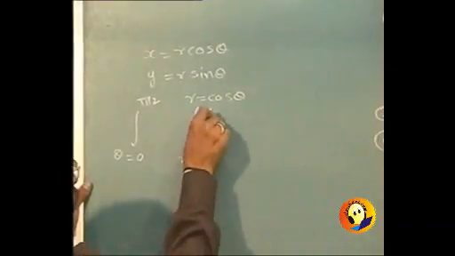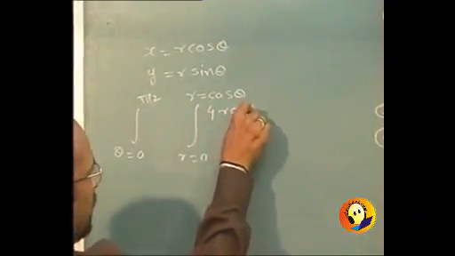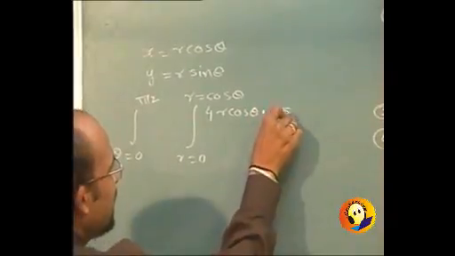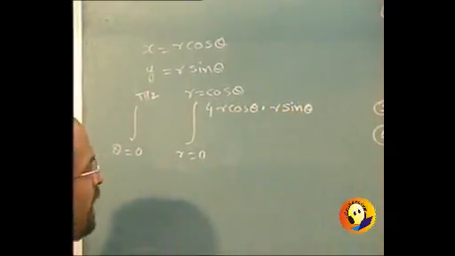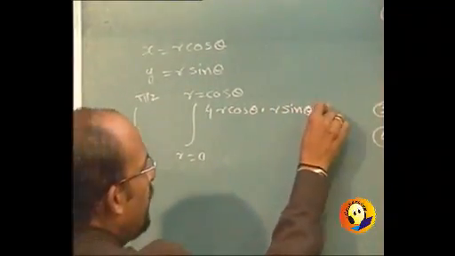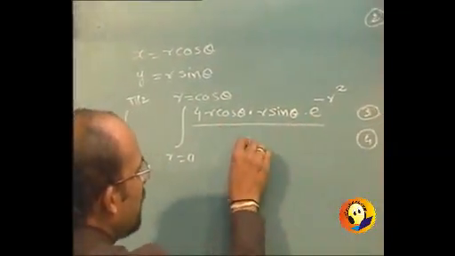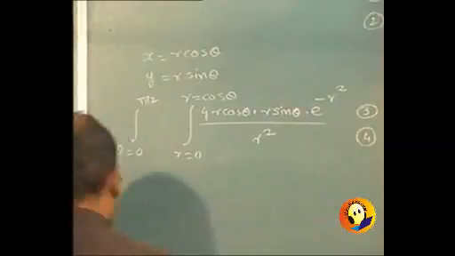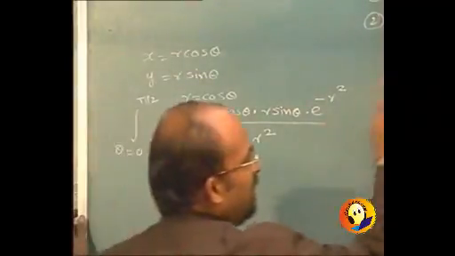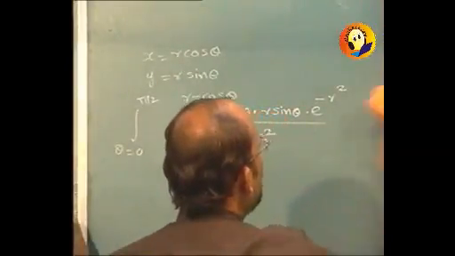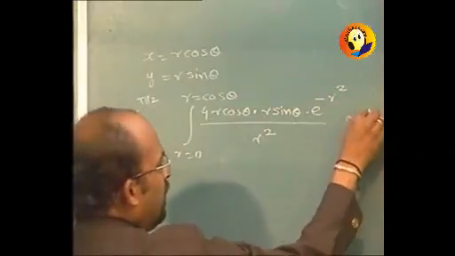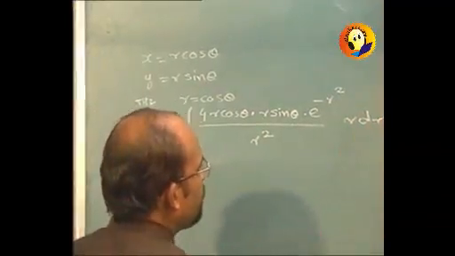It will be 4 r cos theta into r sin theta, it is 4xy, into e raised to minus r square upon x square plus y square is r square, and then dx dy will be rewritten as r dr d theta.